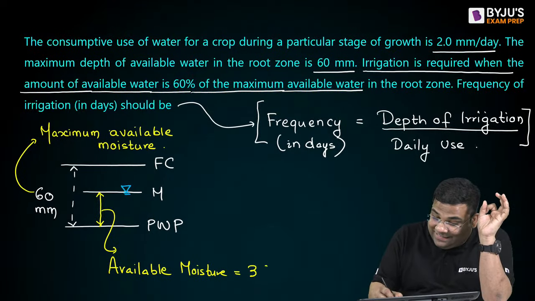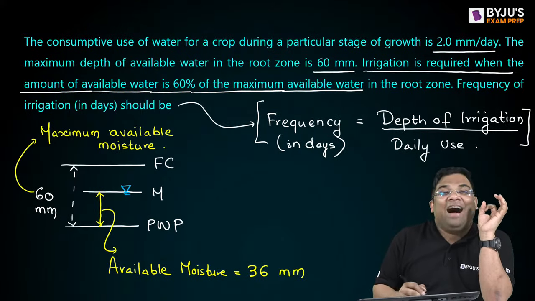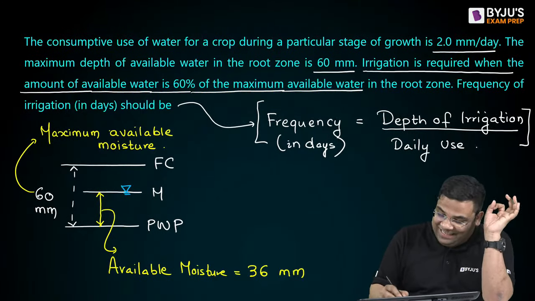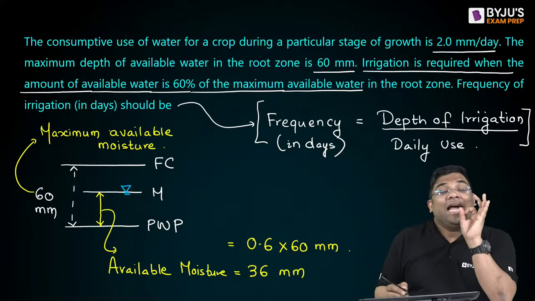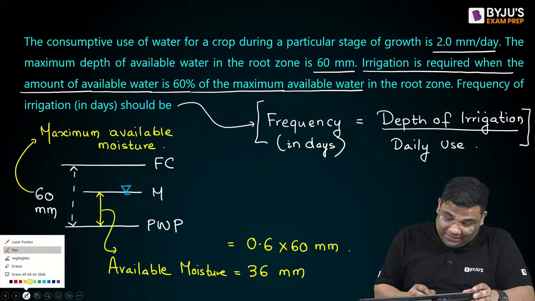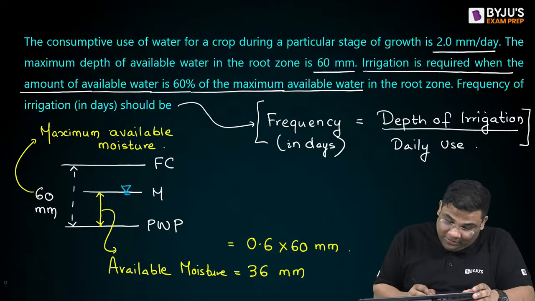So this is 36 mm, which is 60%, 0.6 of 60 mm. So this is the available moisture currently. So how much irrigation will you do?